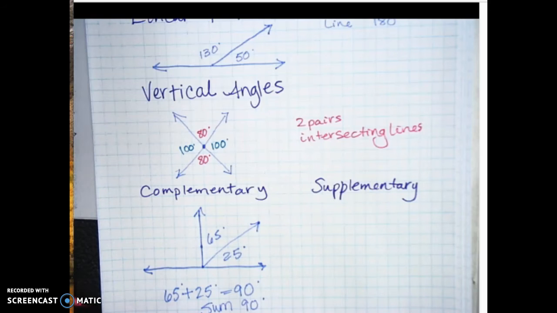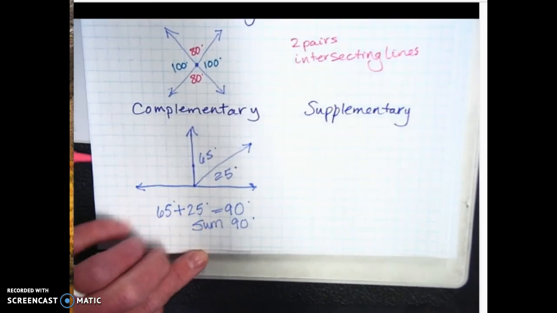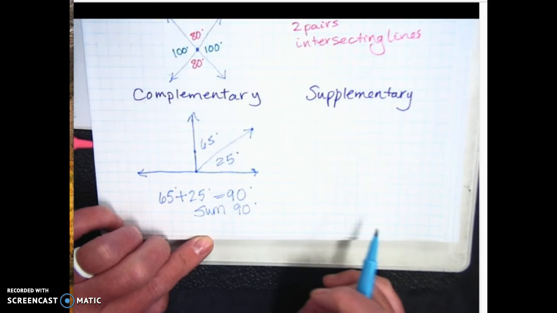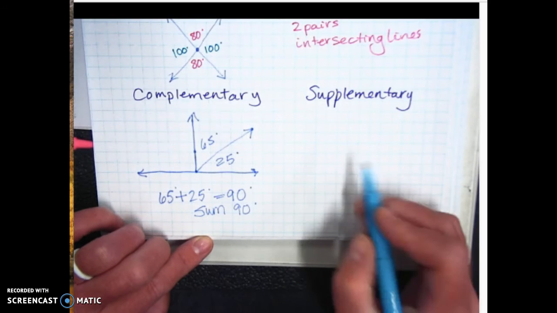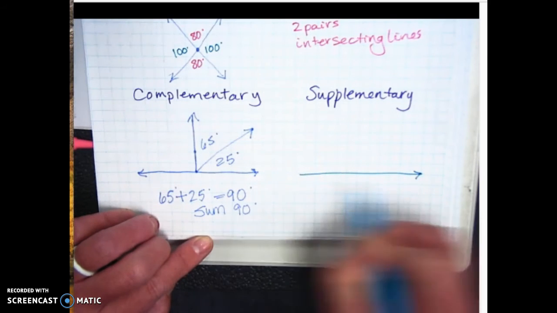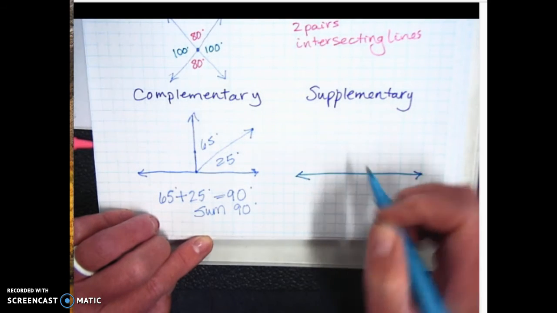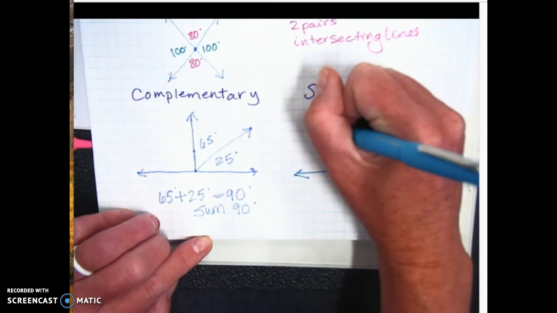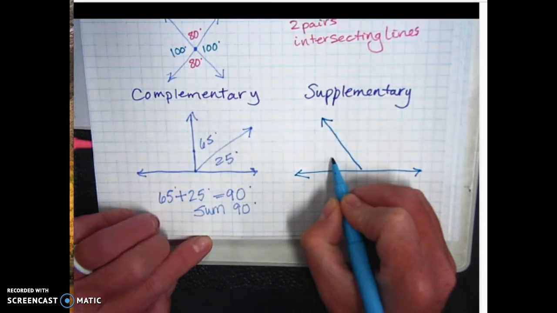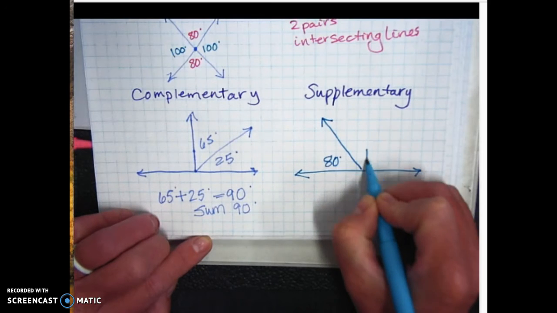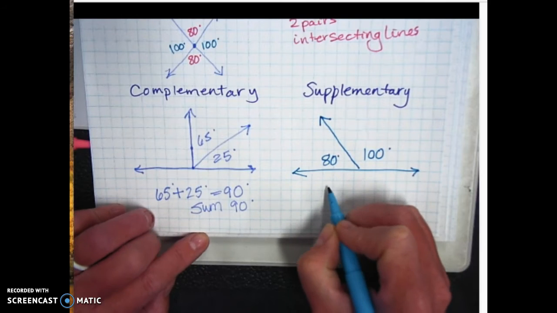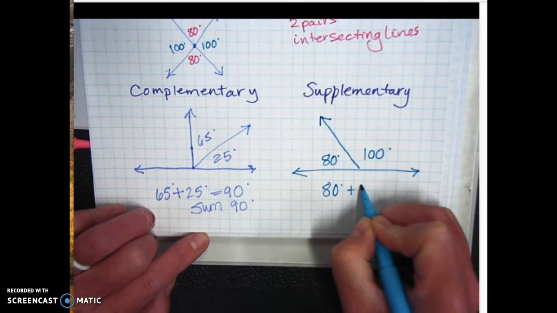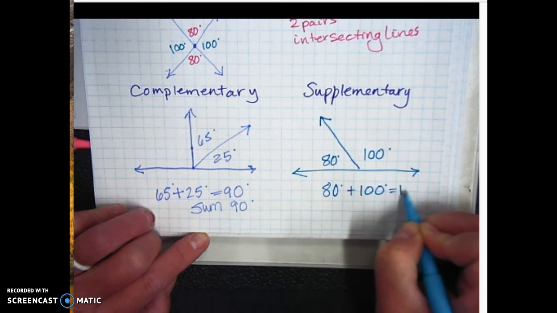Versus supplementary. What's supplementary going to be? 180. So a sum of 180. So this is the one I meant to draw a straight line on. So let's say this one's 80, this one's 100. 80 plus 100 should be 180 degrees.